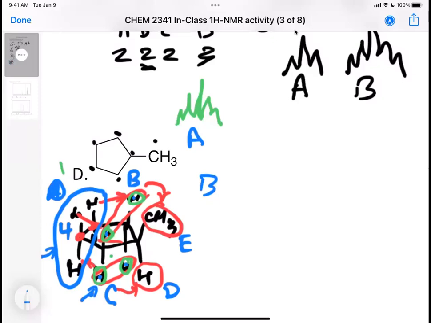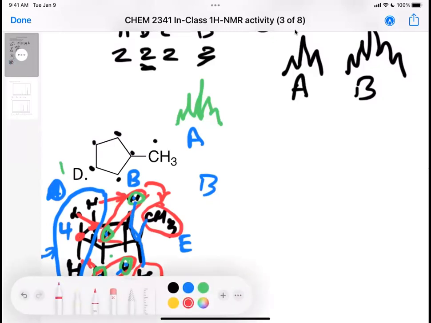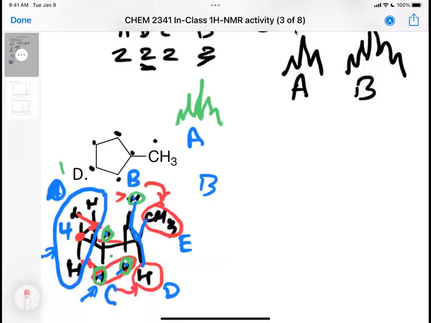So we have 4, 5, 6, and 7 hydrogens. And let me circle them all in right here. 1, 2, 3, 4, 5. Oh, those are the ones we're doing, not that one. 5, 6, 7. So that's 7 plus 1 is 8.